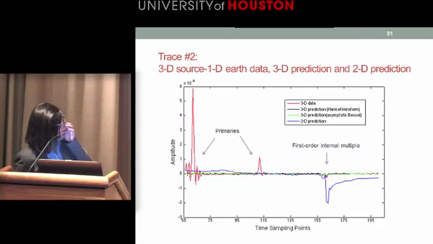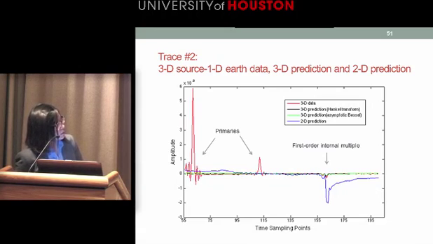Firstly, I pick one near offset trace, trace number 2 here. The red line in this figure is the 3D data, and the black line is the 3D prediction transformed back to the spatial domain by the Hankel transform, and the green line is the 3D prediction transformed back using an asymptotic Bessel function.